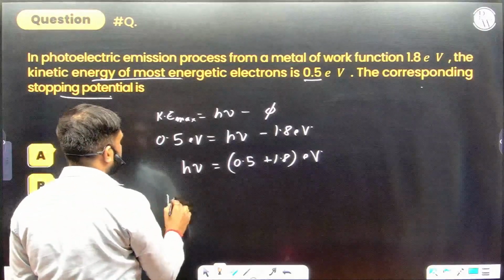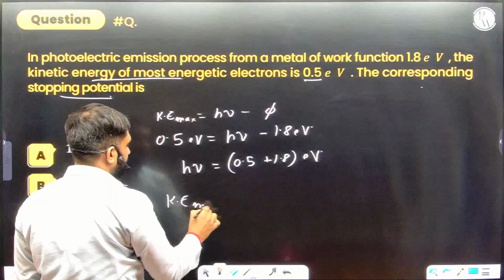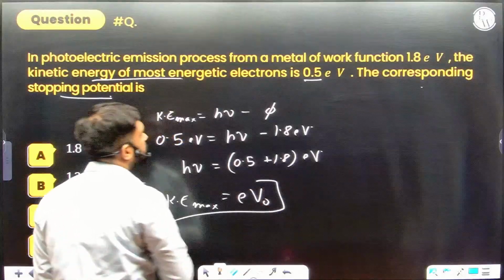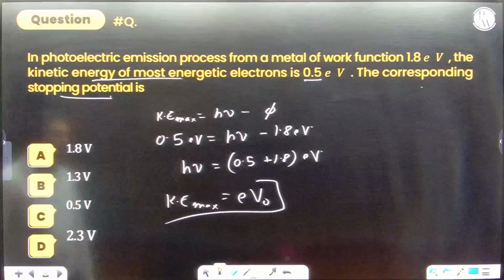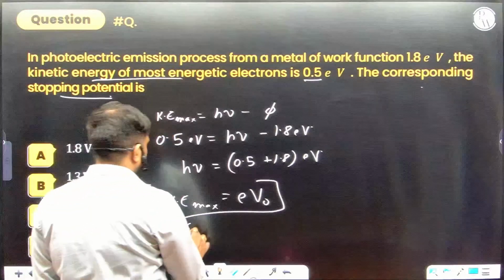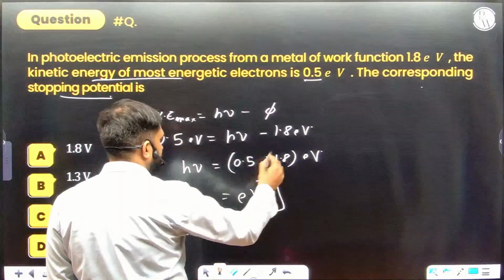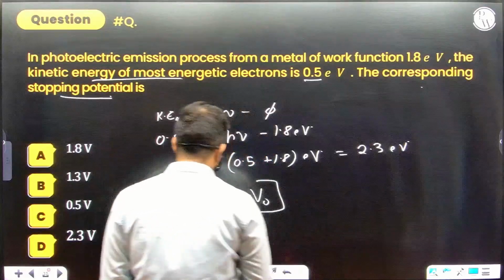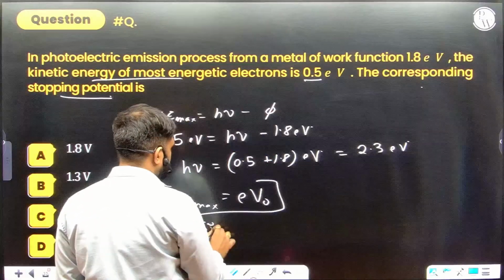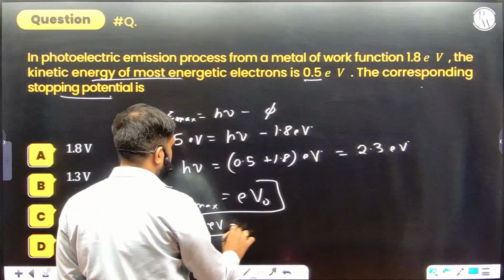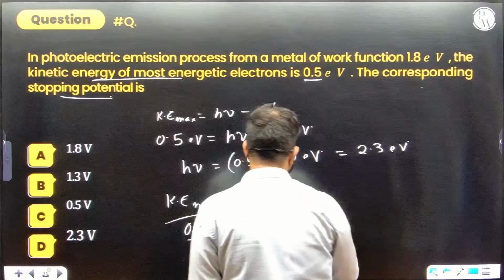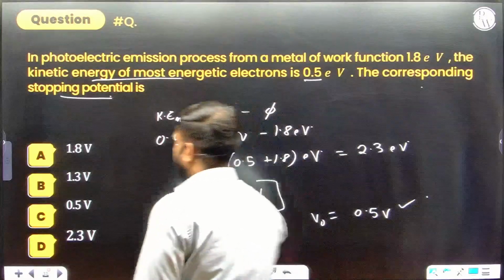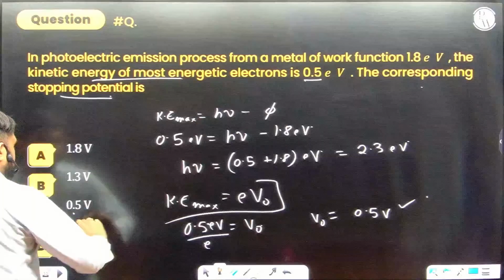So stopping potential will be simply with the K max. K max will be eV naught. So the K max is 0.5 and the incident energy will be 2.3 eV, while the stopping potential will be 0.5 eV upon e. So V naught comes out to be 0.5 volts. So here our answer is going to be 0.5 volts.